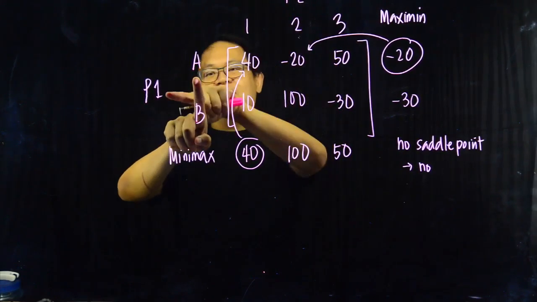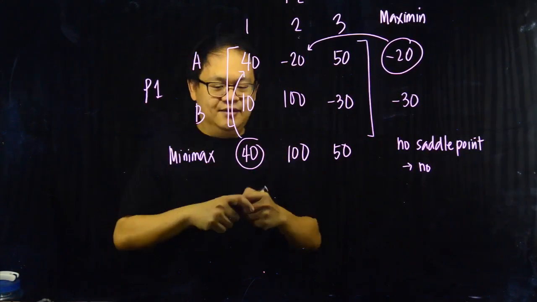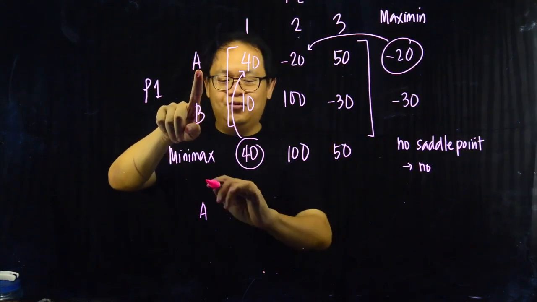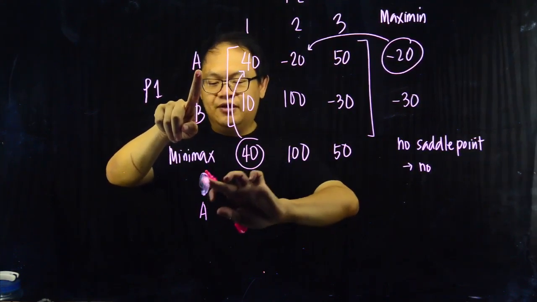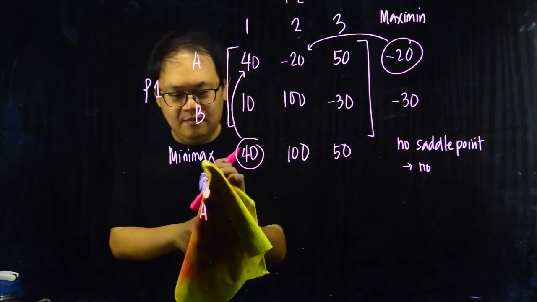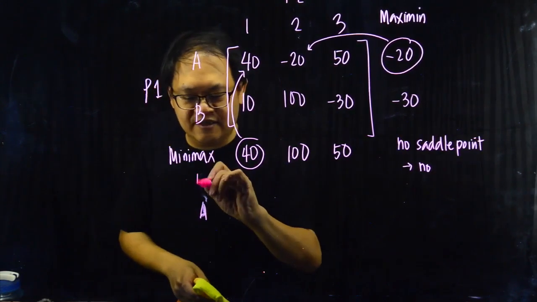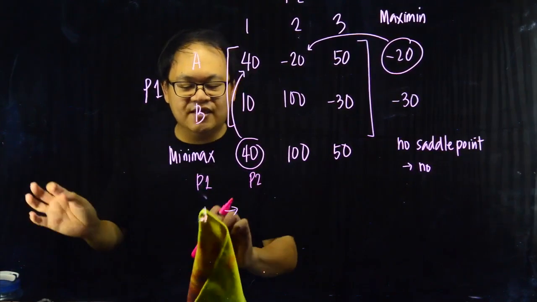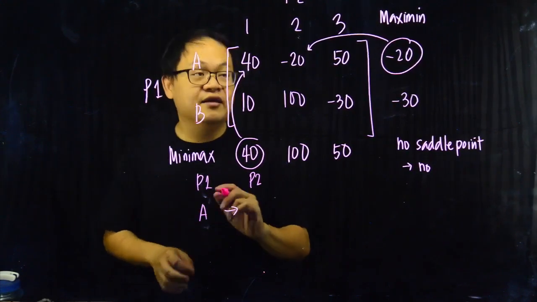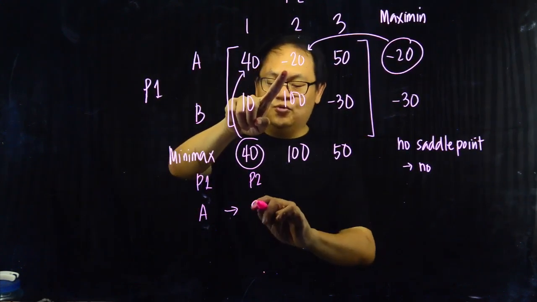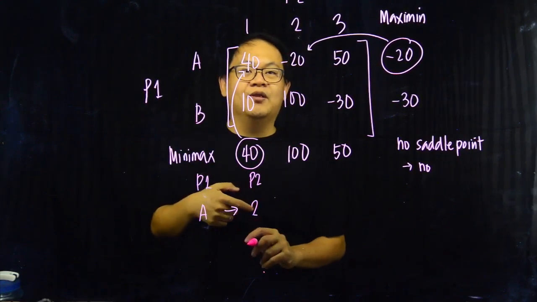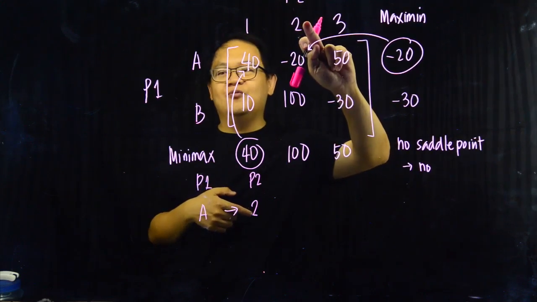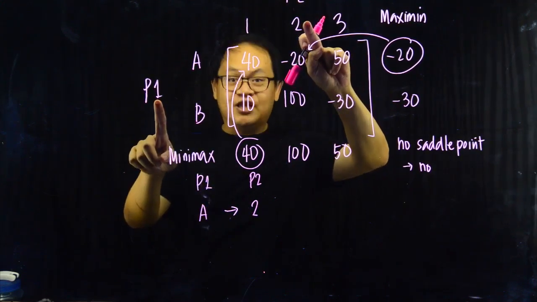And because I know player 1 will choose A, therefore, player 2, sorry, this is the strategy for player 1. Because player 1 chooses A, therefore, player 2 would like to choose 2.